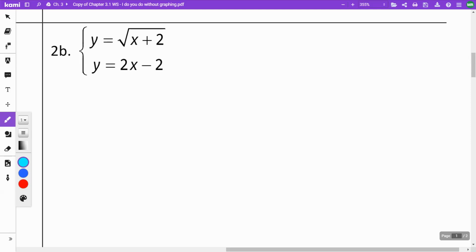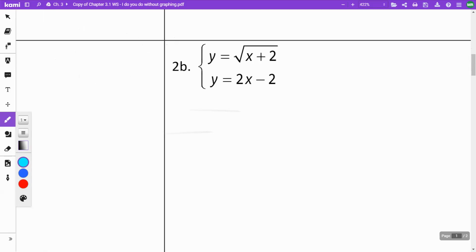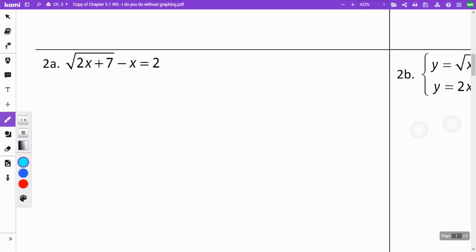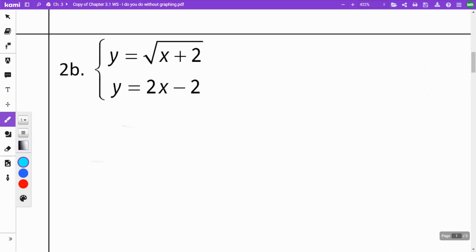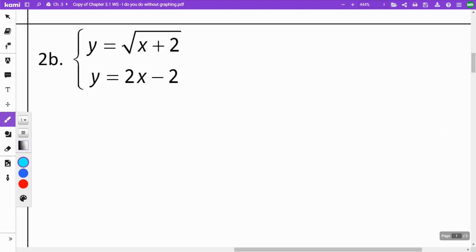So on this one, we have a system of equations. You guys are going to be doing 2A. 2A is not a system of equations, but I'm going to end up with the same type of equation once I set this up. When you have two equations that are y equal, you are going to set equal values.